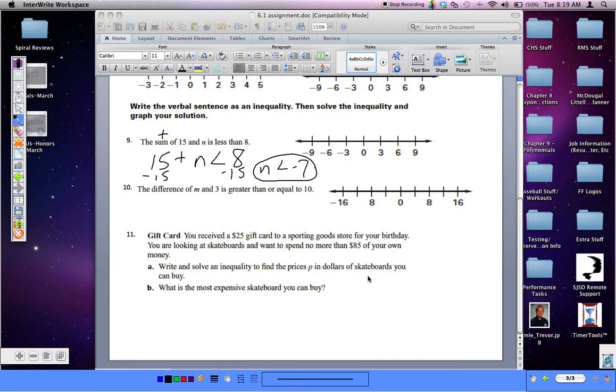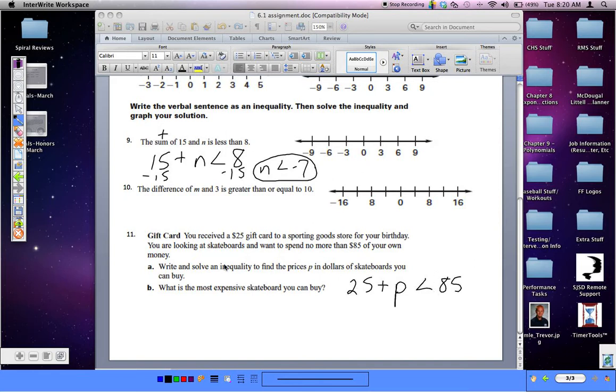So, in this situation, we know that we have $25 to spend. We are going to stay under spending 85 of our own money. So our gift card plus the price of the skateboard must stay under the $85.